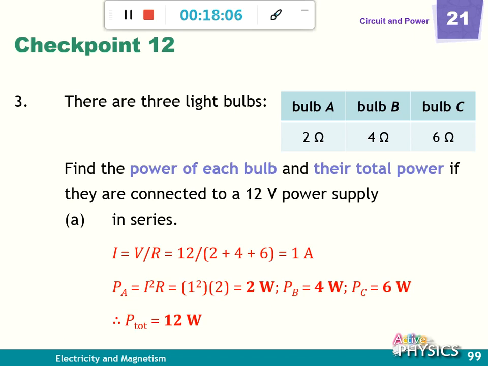The total power should be 2 plus 4 plus 6, 12. Okay? Or, for the total power, you can find the total resistance, which is 12, using I squared R. I squared R is the total power. Exactly the same.